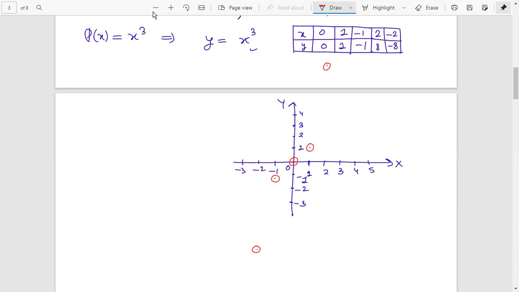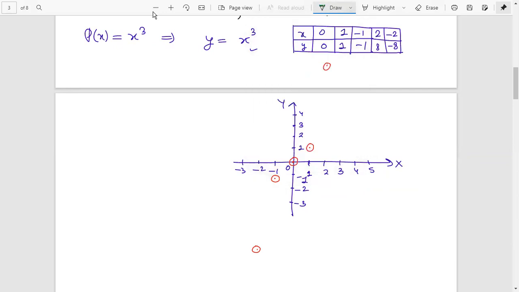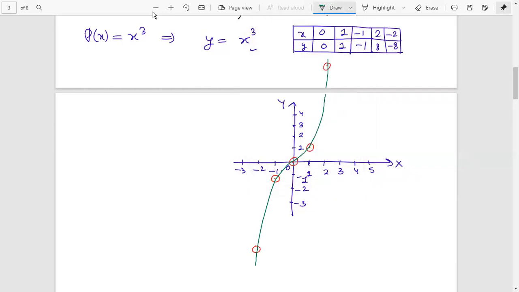Now we have to join them as smoothly as possible. So let me join. This will be like this, and here similarly it will come down. See, so the graph will be like this.